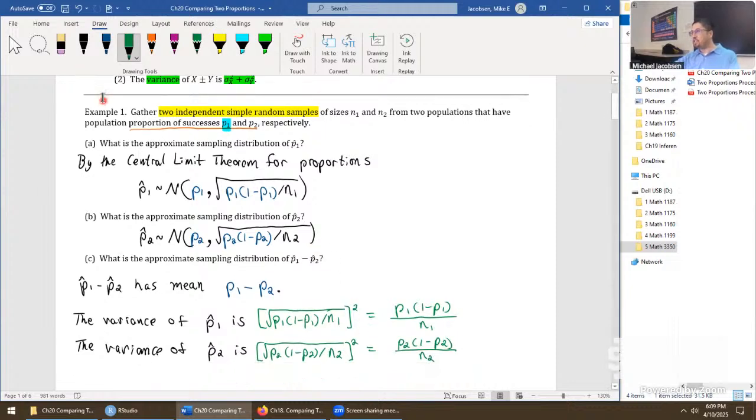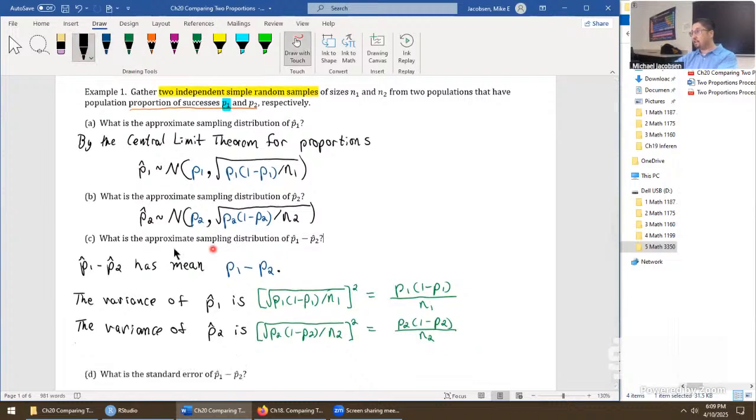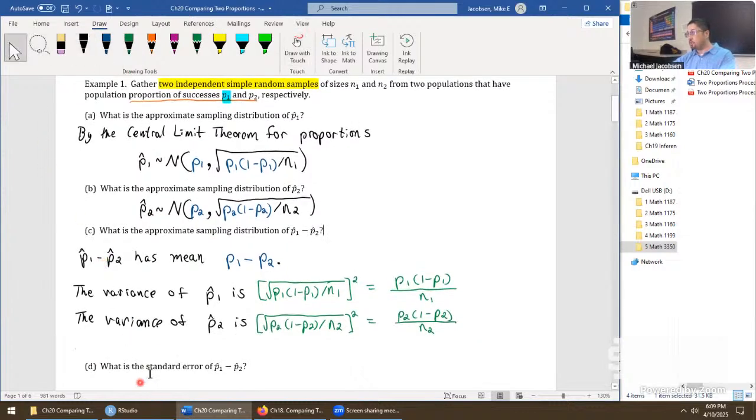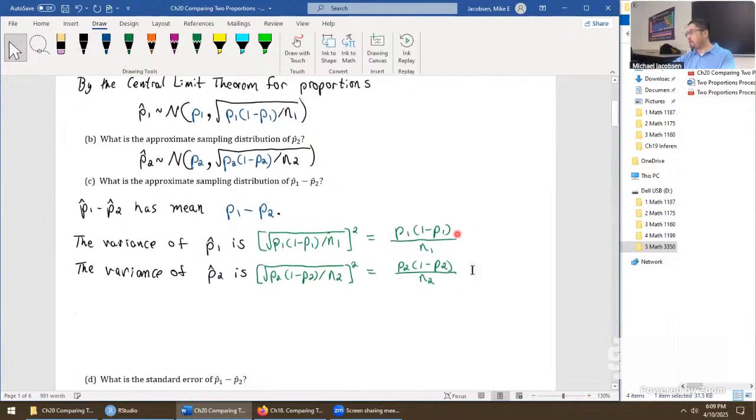Now we are finally ready to use part 2 of the theorem here. Even though we're dealing with P hat 1 minus P hat 2, whether you're adding or subtracting two random variables, the random variables are P hat 1, P hat 2, variance always adds no matter what. So the variance of P hat 1 minus P hat 2 is going to be these two parts right here added together.